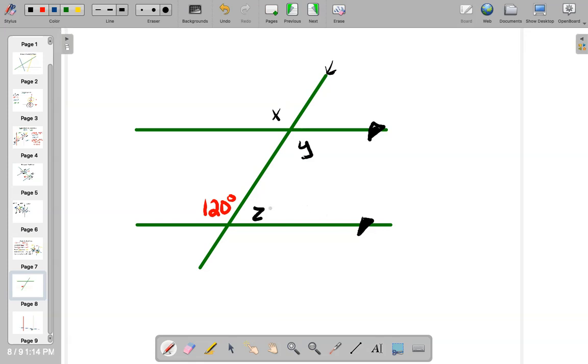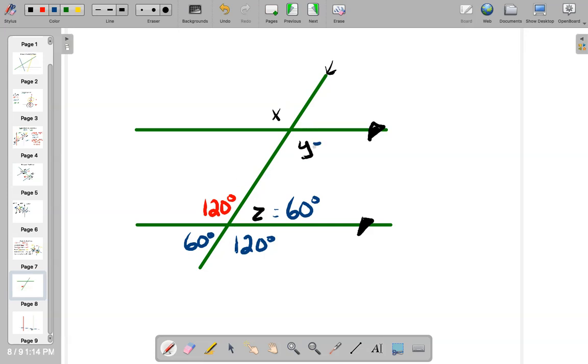Angle Z is the one I would solve for first because that is supplementary to 120, meaning this would have to be 60 degrees. The angle down here would then have to be 120, making this angle here also 60 because we have a bunch of combinations of supplementary angles.